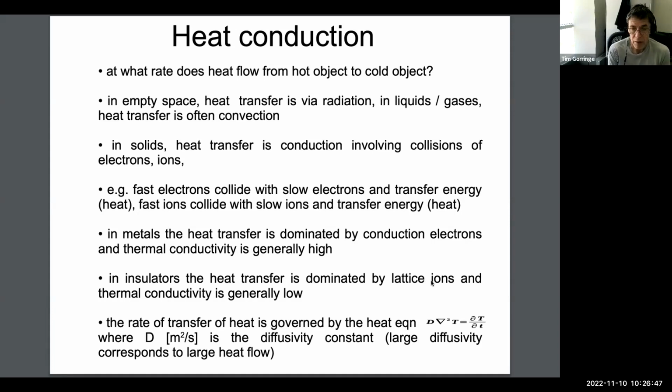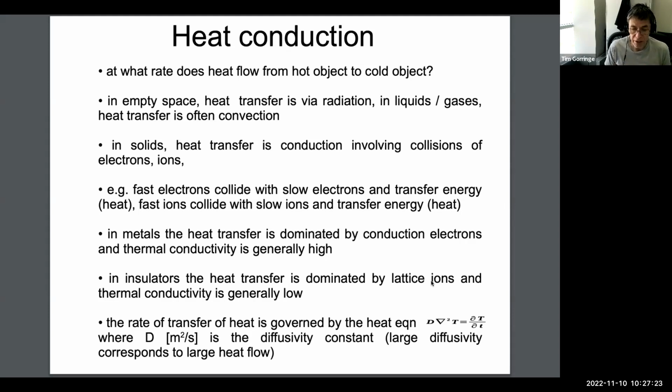Now, in a material like a metal, where there are free electrons, then it's typically those free electrons that are responsible for heat transfer. And in metals, thermal conductivity tends to be high. On the other hand, in insulators, it's typically the lattice ions that are responsible for heat transfer. And typically in insulators, the thermal conductivity is quite low.